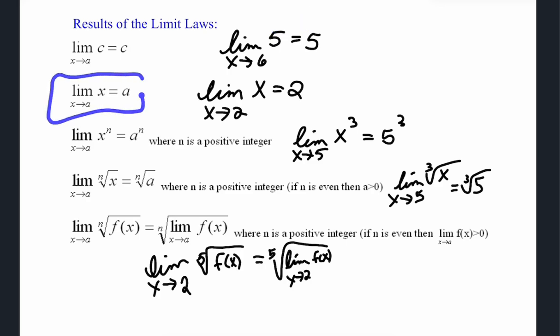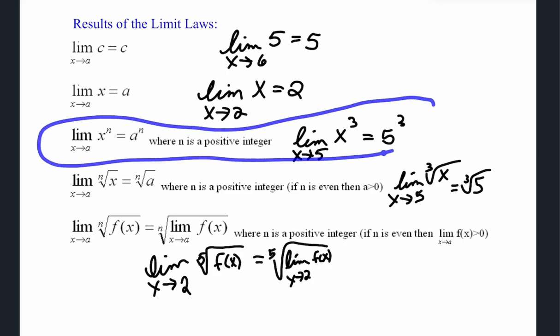A straight line is always defined, especially with the nice function x. If we're approaching a, we're going to hit a. So that's great. If we have the limit as x approaches 2 of x, we're going to hit 2. Here's an example of that same thinking.